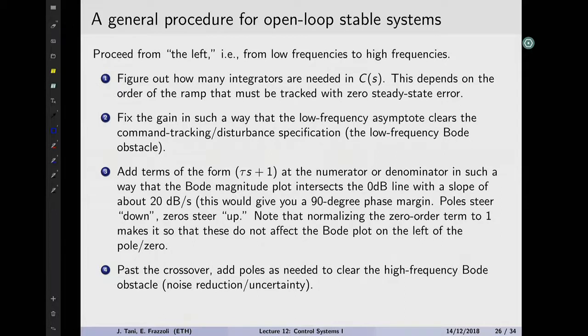So the first thing you do is add how many poles and zeros you need to meet the type, to make the open loop transfer function have the required number of poles at the origin. Then, as you proceed in the frequency domain, you will crank up the gain to avoid the low frequency obstacle, and start adding zeros and poles to steer the transfer function so that you avoid all the obstacles in the graph that we saw before.